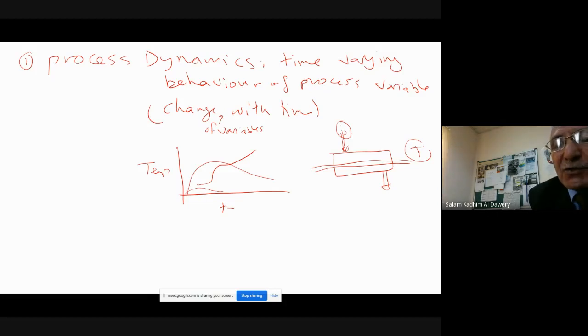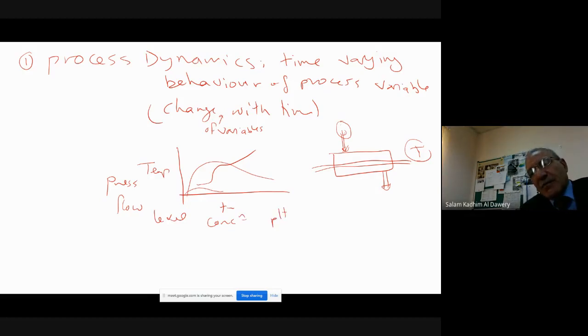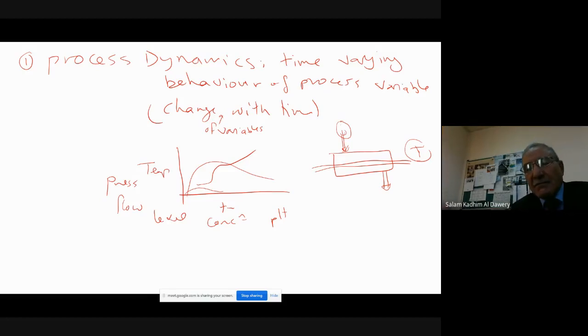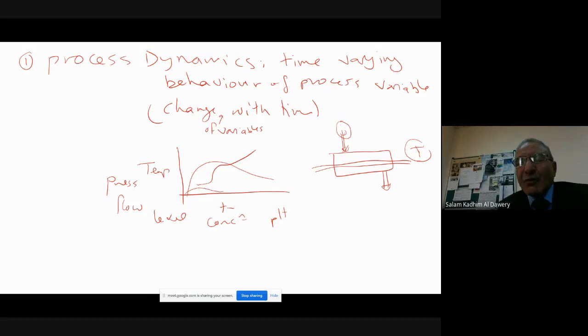So we need to study the dynamics of the process, not just the temperature, maybe the pressure, maybe the flow, maybe the level, maybe the concentration or pH. These are the variables whose dynamics we have to study. If we understand the process, then we will understand how to build a control system for that particular process.